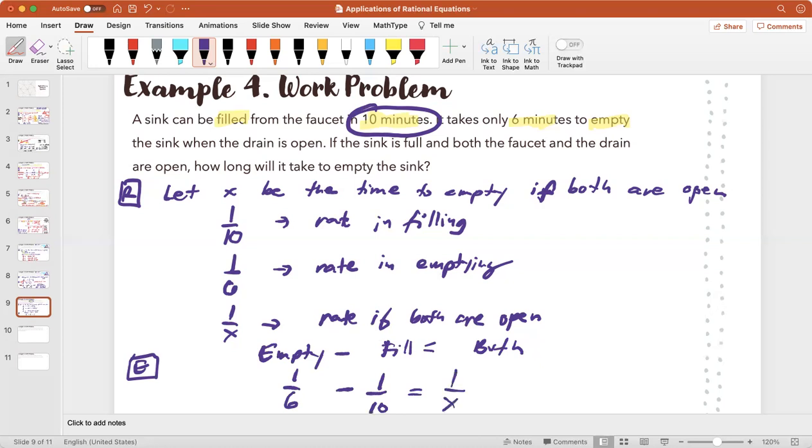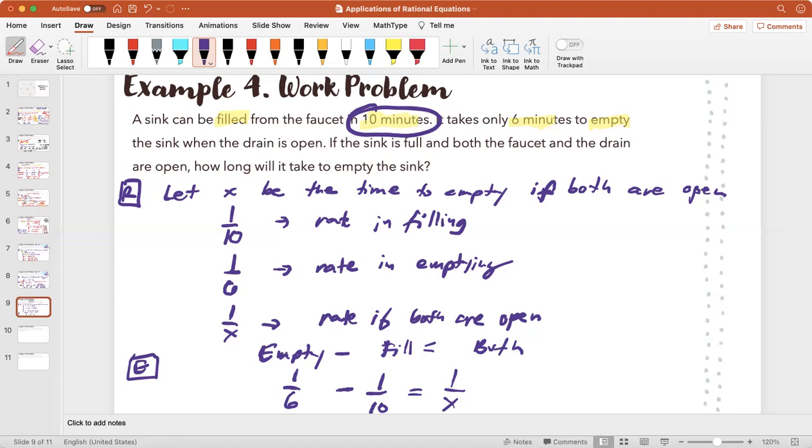All right. So remember that when you're trying to come up with a formula for a work problem, you should know which one is faster, slower, especially if there's an emptying and there's a filling. So it's 1/6 minus 1/10 equals 1/x based on the idea that emptying is faster than filling.